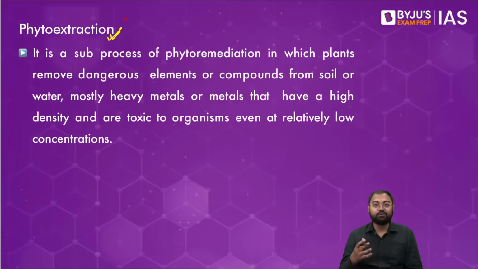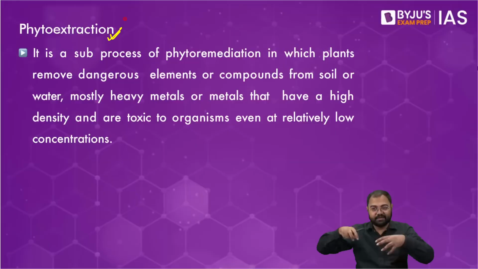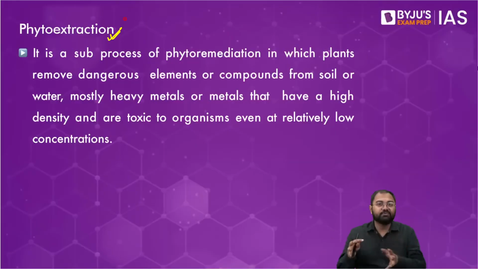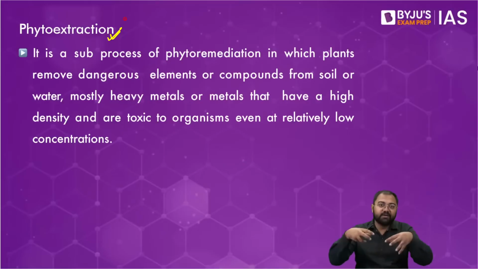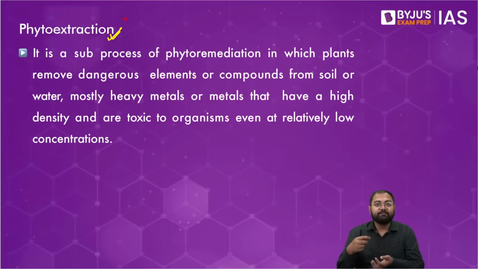Similarly, we see that there is a sub-portion, a part of phytoremediation called phytoextraction. So when we say phytoextraction, the meaning is that it is trying to extract something out of the soil. So if there is some part of soil which is contaminated, we'll plant trees there, we'll plant some shrubs there, so that the roots of these trees and shrubs will keep on absorbing all the poisonous metals and heavy metals from the soil, and they will be able to help in phytoremediation.